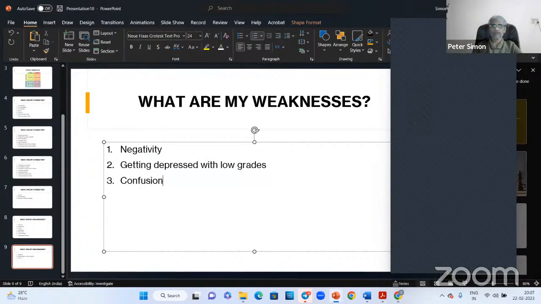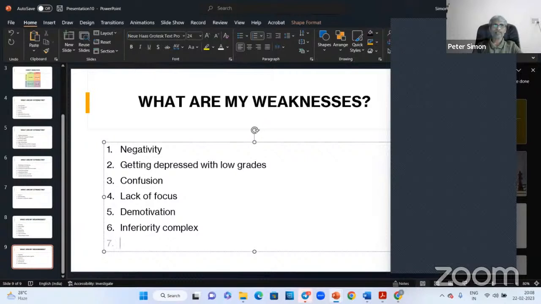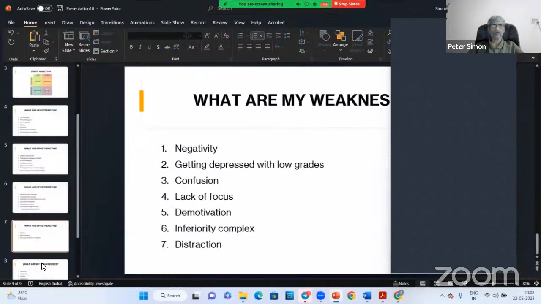Lack of focus and attention. Demotivation. Inferiority complex. So distraction. Somebody comes, distraction. Yes, these are some negative points. Come on, bring out all your negative points.